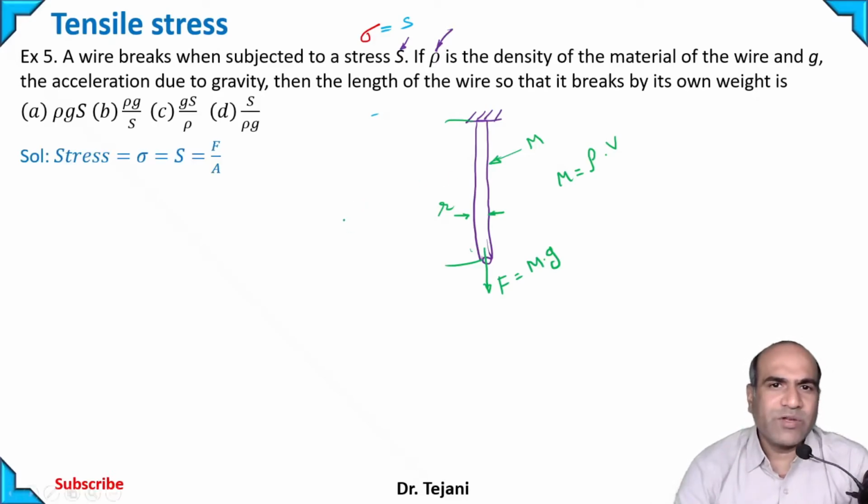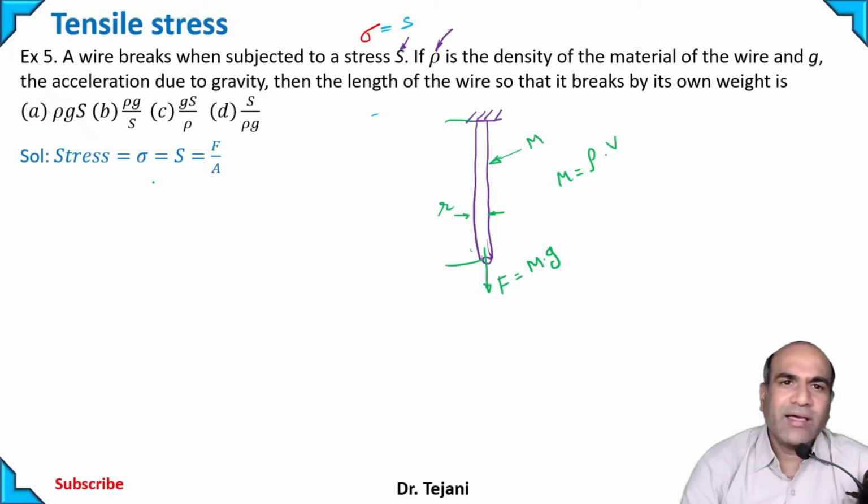Fine. So we know that stress sigma is equal to force by area, and here it is given as maximum. So at which level does S become maximum? S is equal to F by A, and what is the load of this rod? It has a self weight, and we know that self weight is equal to mass multiplied by gravity.